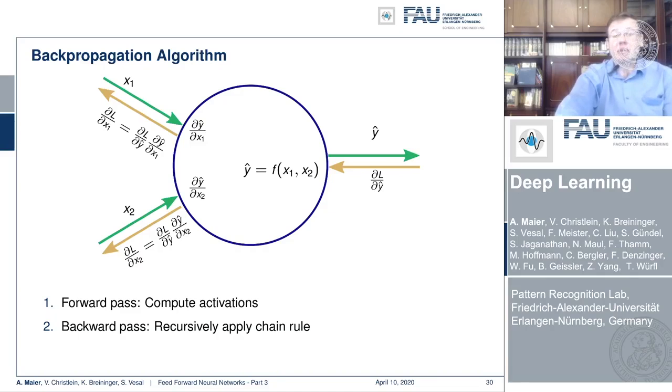So you can essentially describe the backpropagation algorithm in a nutshell here. For every block in this system, for every node, for every neuron, you need to have the inputs x1 and x2, and of course the outputs, that is y hat. Then you can compute in green the forward pass, and then you evaluate somewhere the loss function, and you get the partial derivative with respect to y hat.